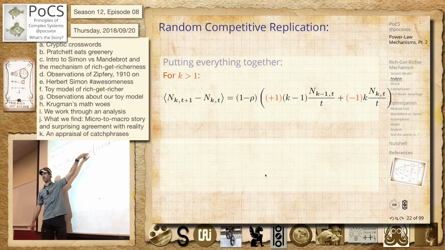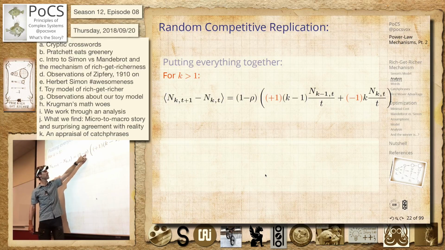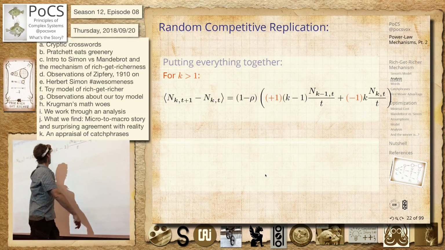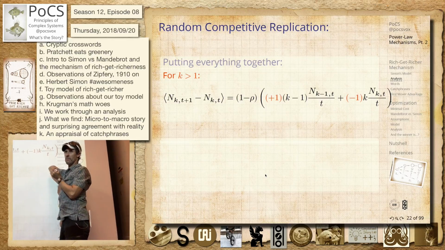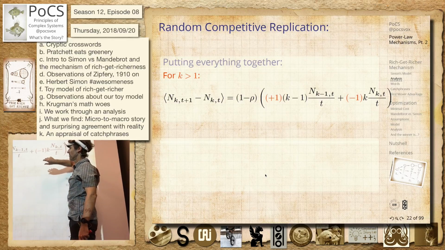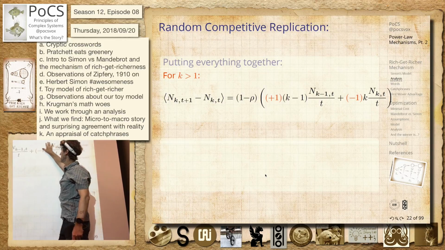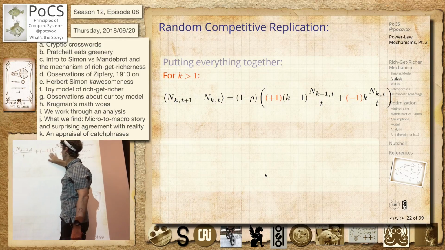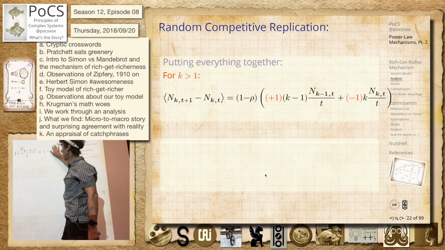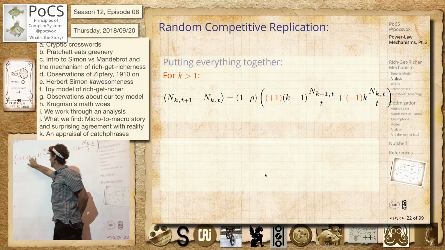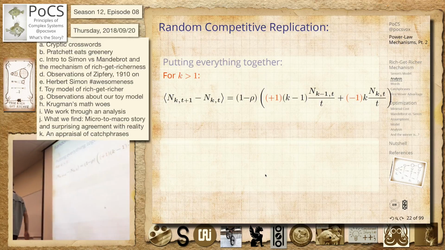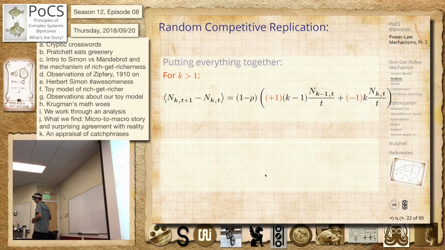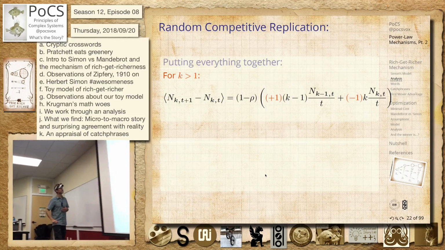We have to have replicated. That's a 1 minus rho thing. And then we get 1 with this probability, and then minus 1 with this probability. So this is what we expect to happen. These are the two pieces we had on the slide before. This is the top piece we had. We lose 1 because it went from a k to a k plus 1 group. And we get 1 more if we had an elephant in a group of size k minus 1 replicating, so now it's in a group of size k.